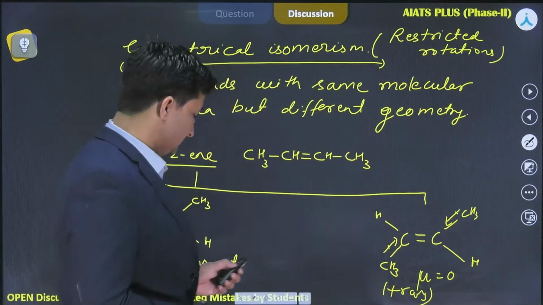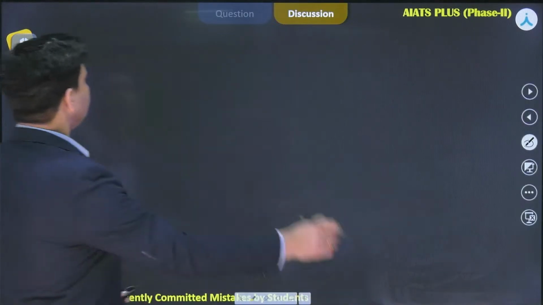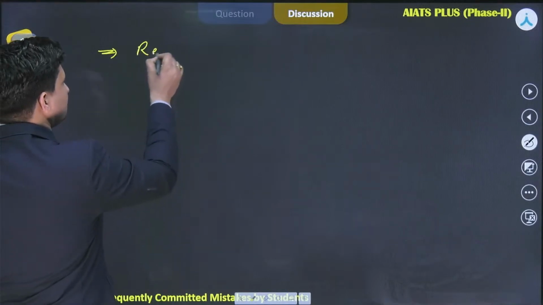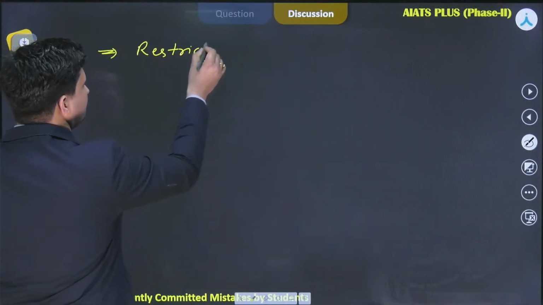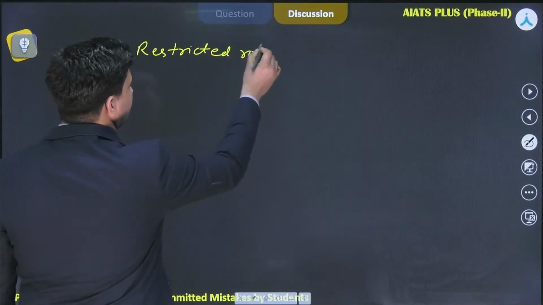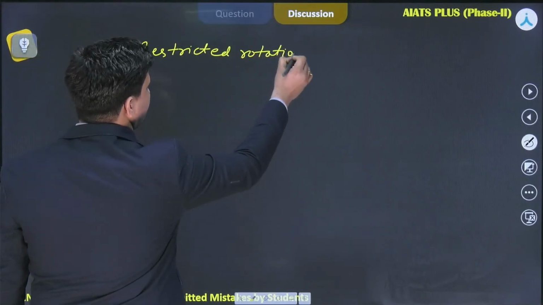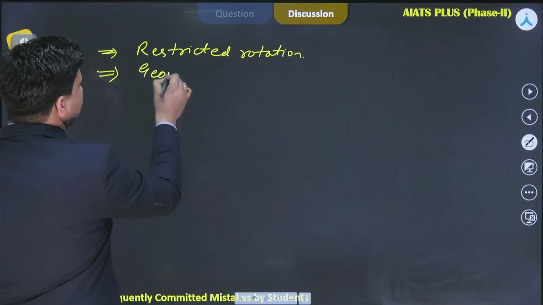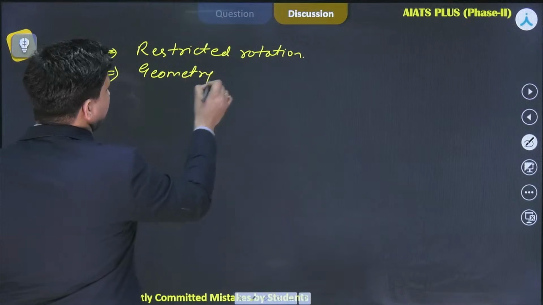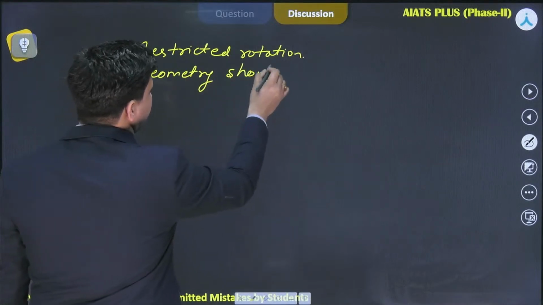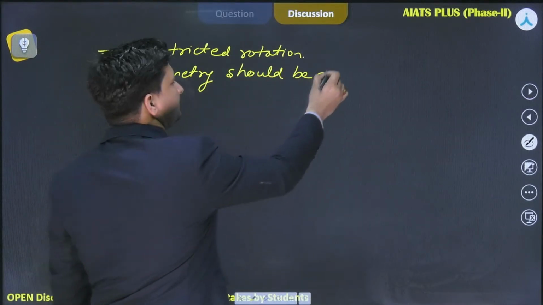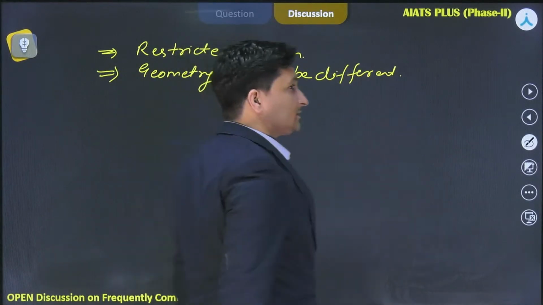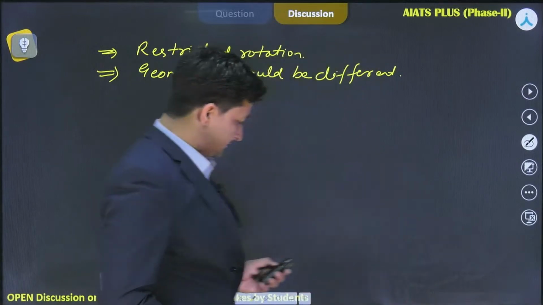What are the other factors which will decide? Another factor is that the geometry of the molecule should be different. How does the geometry become different? You can see here.